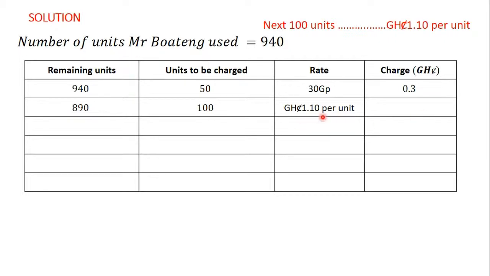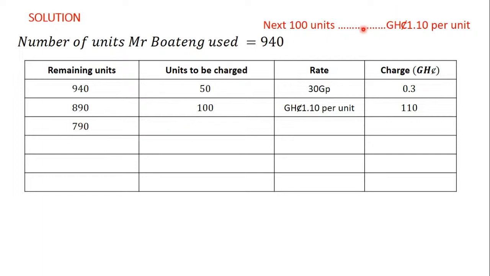So 1.10 times 100, and that will give us 110. That is 110 Ghana cedis. We move on to the next group, but before that, we will have to find the remaining units. The remaining units will be equal to 890 minus 100, and that will give us 790.